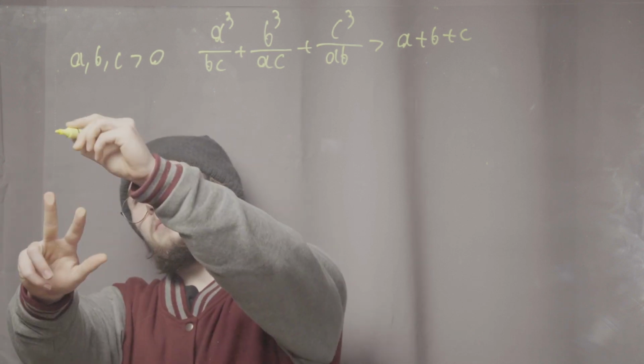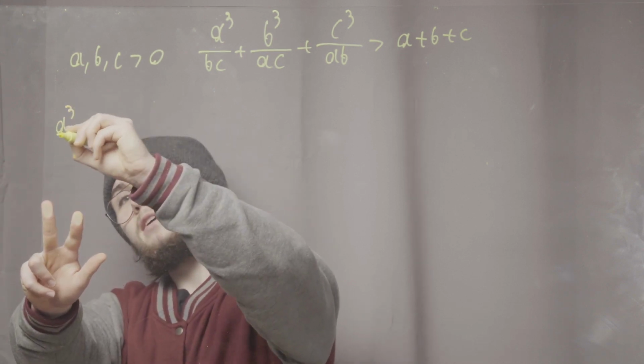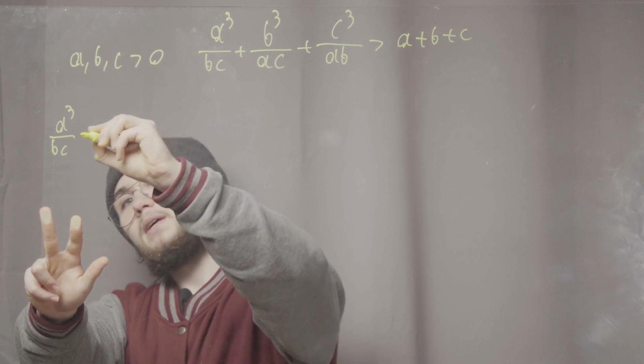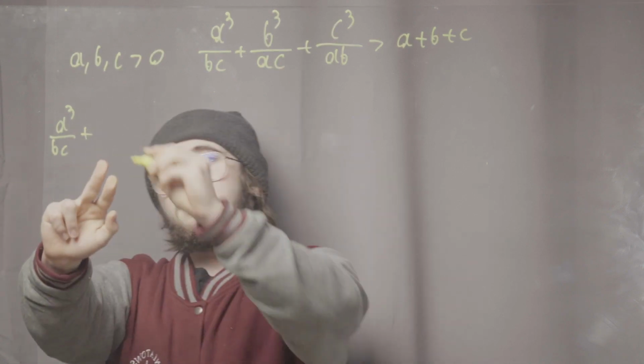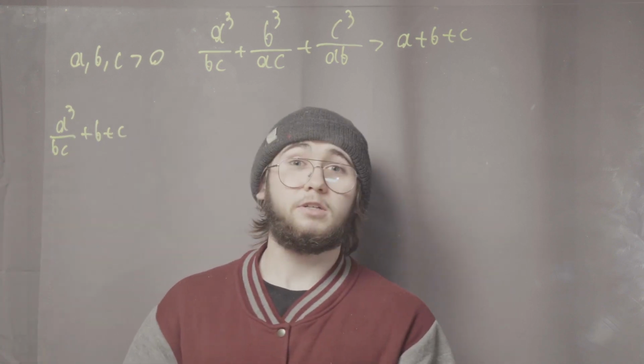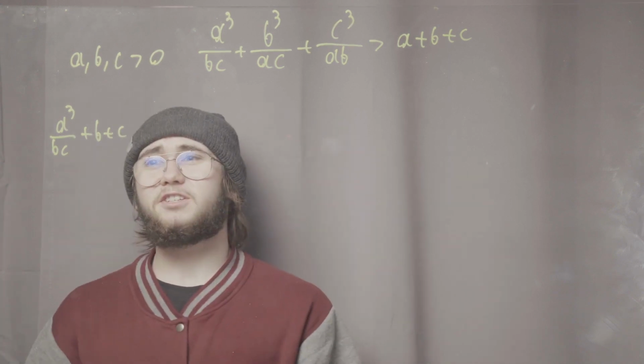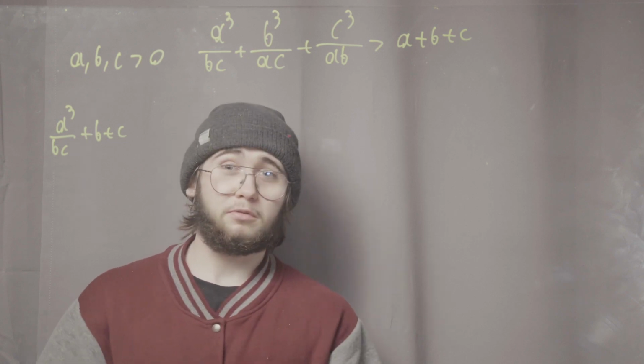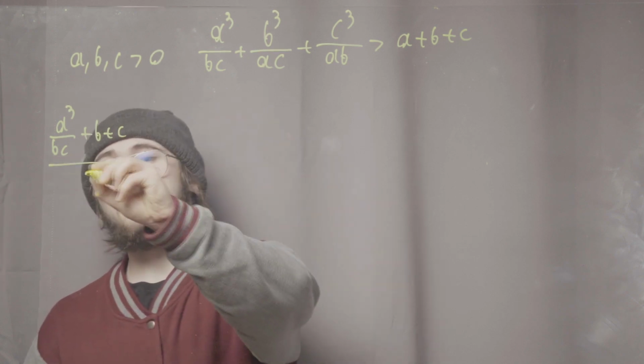Look at this stuff. We have, for example, a cubed by b times c, and we will add to it b, and we'll add c. So what is this greater than or equal to? Let's take the arithmetic mean of it.